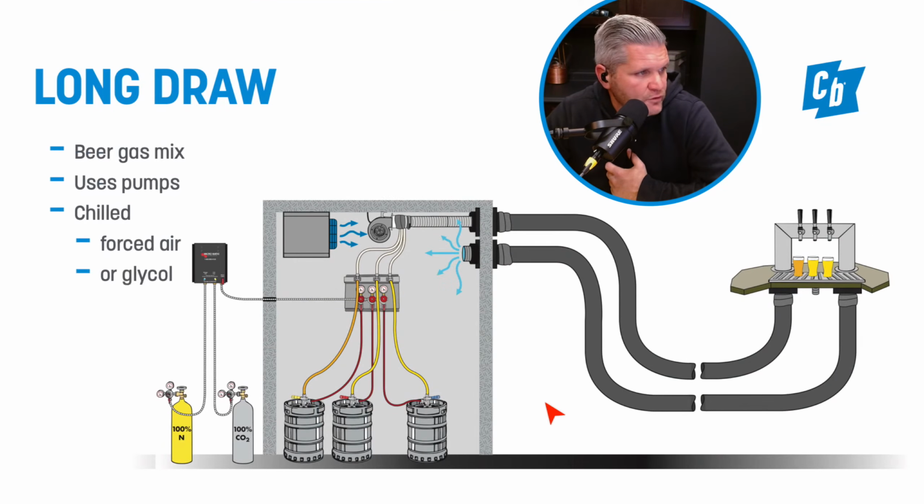Another system, this would be a long draw draft system. Again, you've got your gas. This is a gas mixture because it's going a long distance. We'll talk about that tomorrow. But it's feeding your gas lines, which are your red lines here, which is feeding your beer coupler to your kegs. Your liquid's coming out through the beer line.